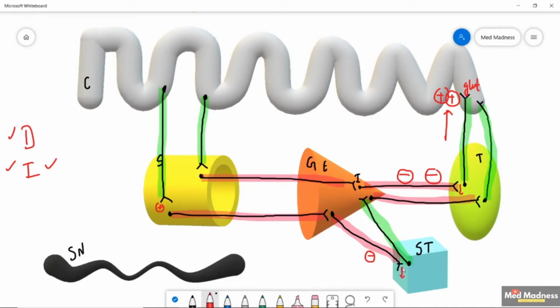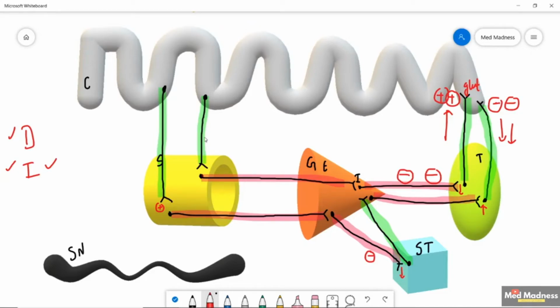When there is decreased secretion of GABA here, this neuron releases a lot of glutamate in the globus pallidus internus, exciting this GABA secreting neuron. So this GABA secretion is increased here, so that this glutamate secreting neuron is inhibited. You just pause this video and revise it with this picture and you will get it definitely.